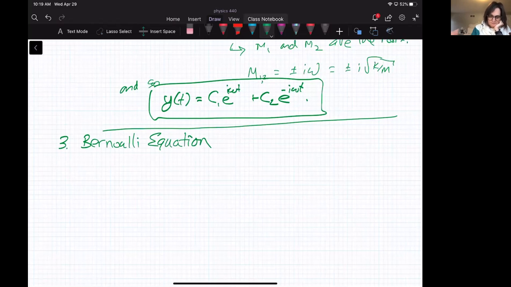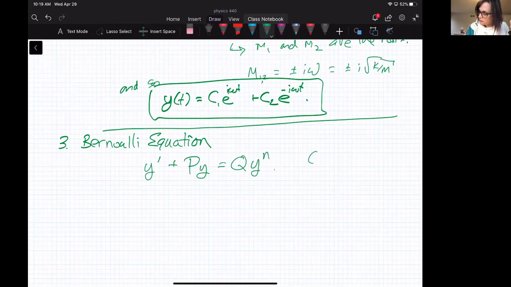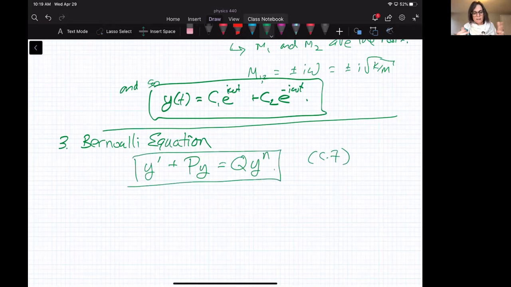In the language that we have been using in this class, we'd write this class of equations as a first order equation, y prime plus p times y is equal to q times y to the n. We recognize this as a class of ordinary first order differential equations, and we'll see that it has actually a pretty immediate application.